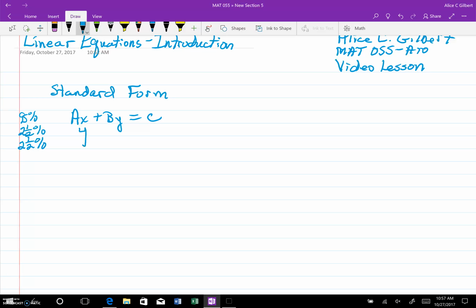So either we're going to have y equals some number, so any number, or x equals any number. For y equals any number, that is a horizontal line, and x equals is a vertical line.